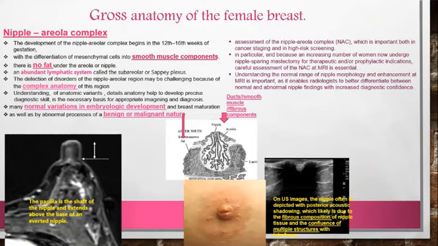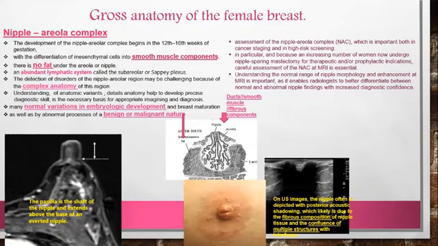Its assessment is really important, as we mentioned before, for staging, especially in high-risk breast cancer screening. And you know that its involvement is very important in therapeutic planning, especially for those who want to do a mastectomy.